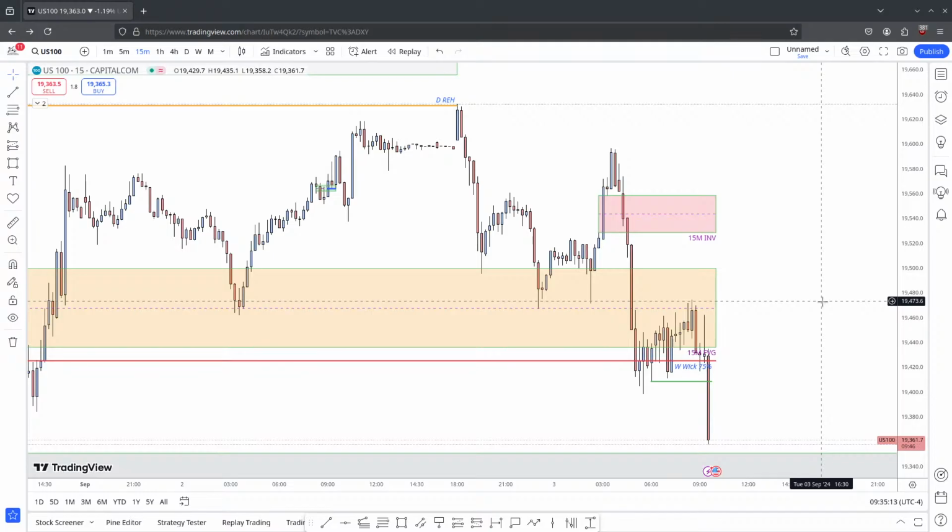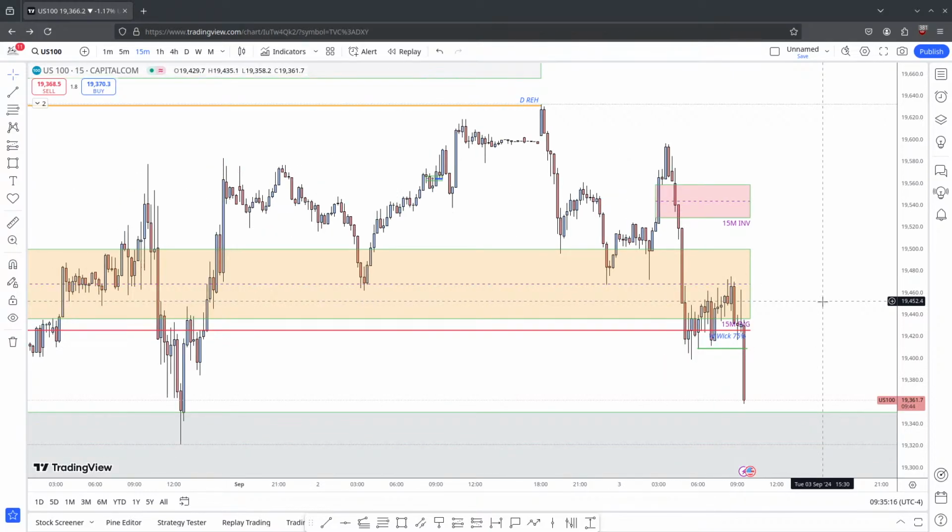So we need to anticipate some tomfoolery. I want to see people get jacked up in here, jack up the money, and then bring the real move into play.